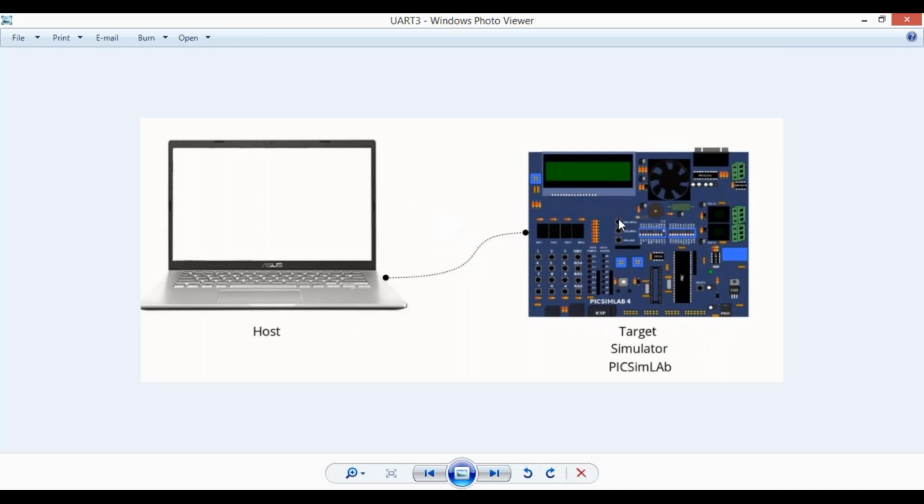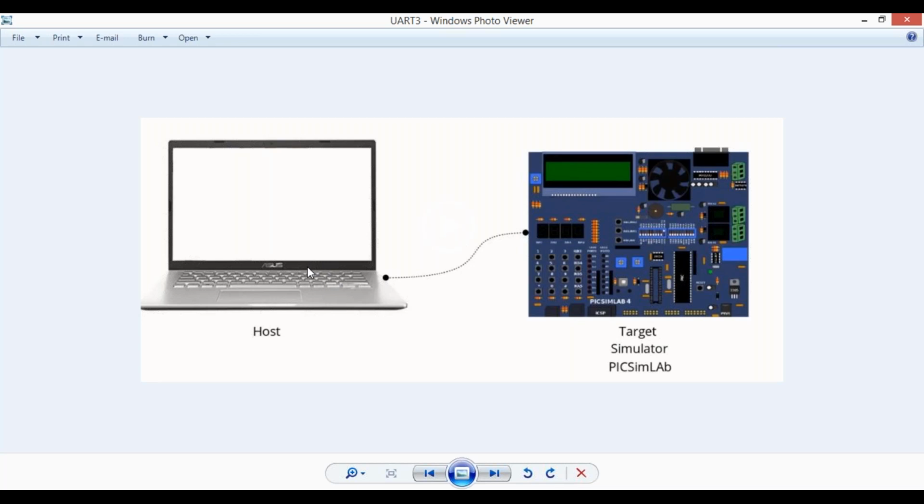So how is PiximLab going to interact with this computer? You're understanding my question. There is no physical wiring. We are not having a wired connection here. Then how is PiximLab going to talk to your PC?